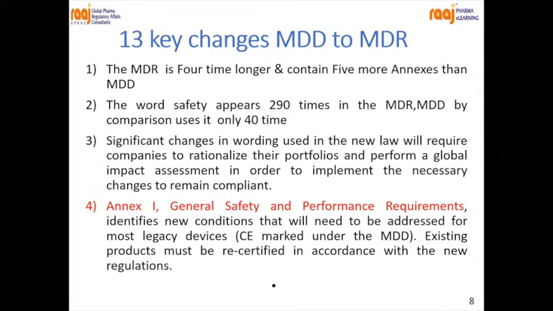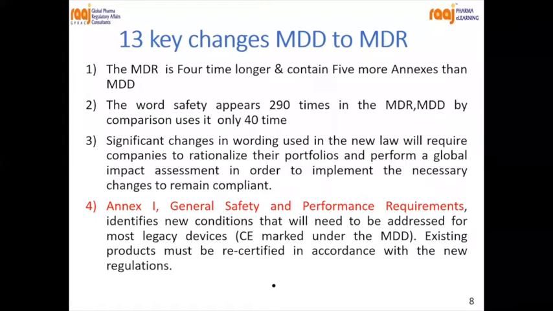Now, if you see, the MDD to MDR implementation is going on in all medical device manufacturing units. India is also important, so they have also applied as per the EU MDR, and in India also they have given sufficient time for the implementation from MDD to MDR.